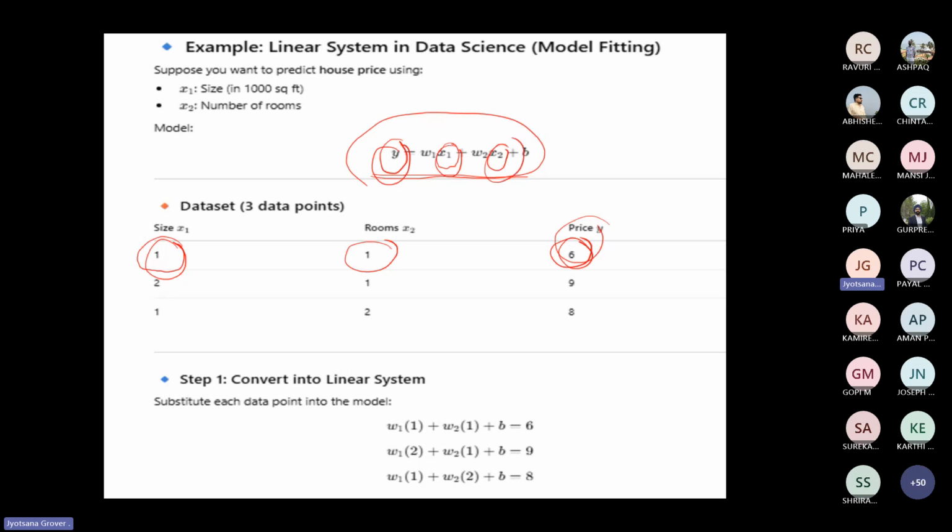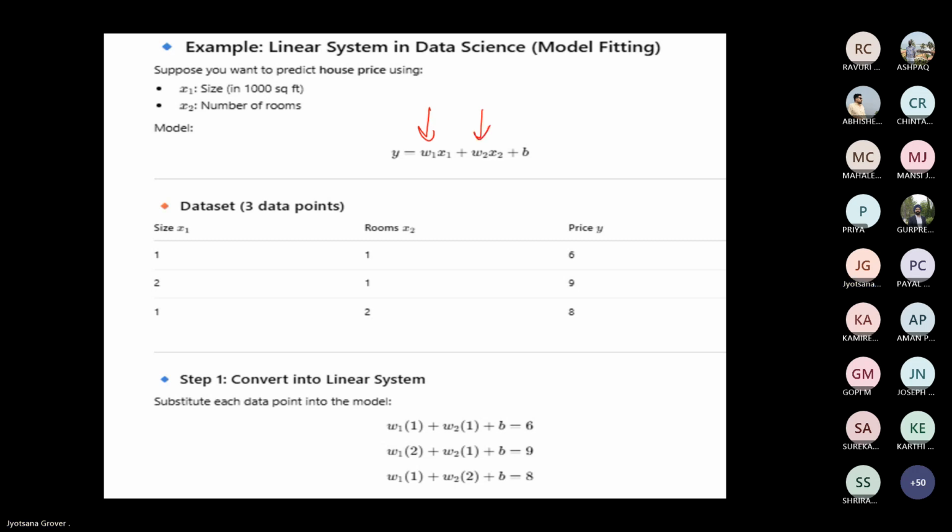How do we determine this relationship? We want to find W1 and W2, the weights, or you can say the importance of x1, which is the size of the house. If the weight is higher, you will say the importance of the size of the house is higher. If W2 is higher, you will say the importance of the number of rooms is higher.